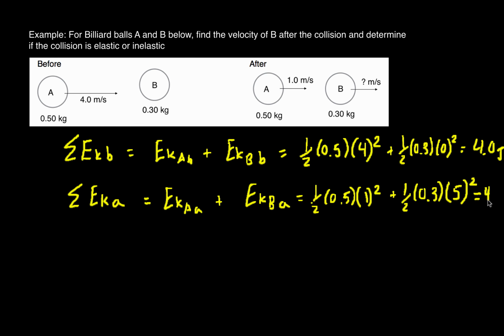This gives us 4.0 joules of energy as well. This tells us that the sum of the kinetic energies before the collision is equal to the sum of the kinetic energies after the collision, and therefore this collision is elastic.